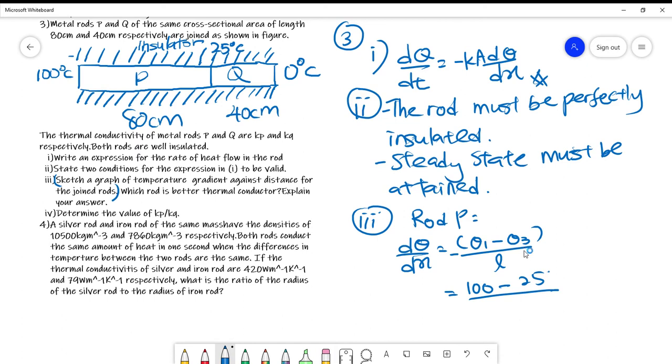Alright, so the temperature gradient actually includes the negative, which shows the sign of decreasing temperature. Usually what we do for dQ over dt is equal to negative KA.